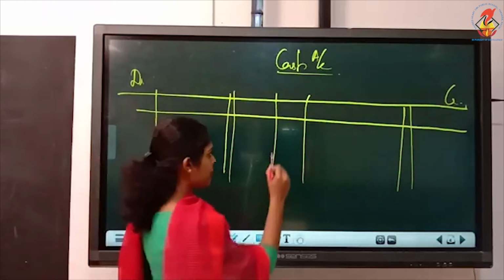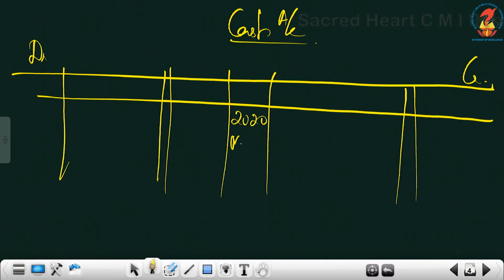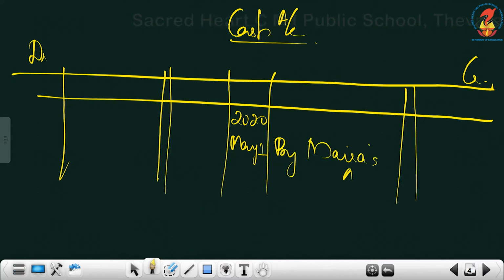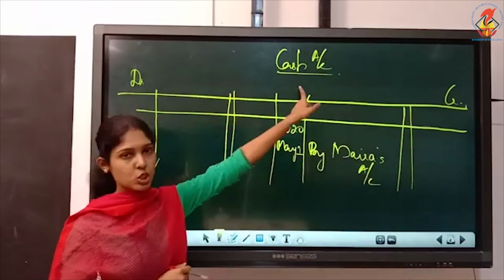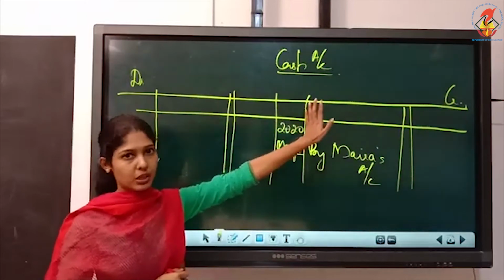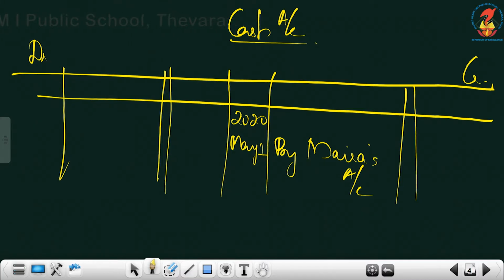The date is May 1st. By Myra's account, and the amount you have to write is the cash amount, because we are doing cash account. So the cash amount here is 9,750.